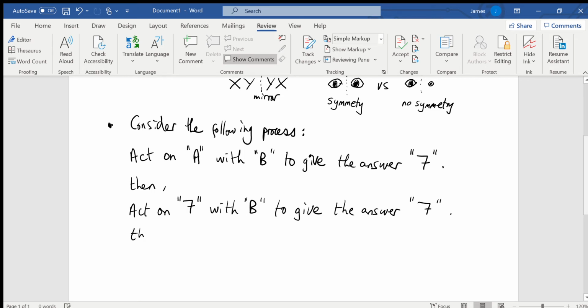Then let's do it again, see what happens. Let's say you act on 7 again with B, whatever B is, and then you notice that you get the answer 7 again.